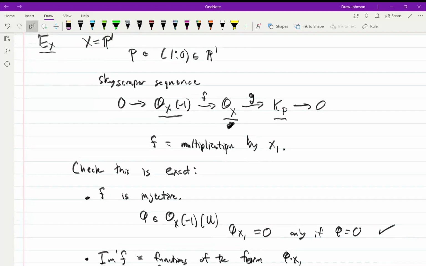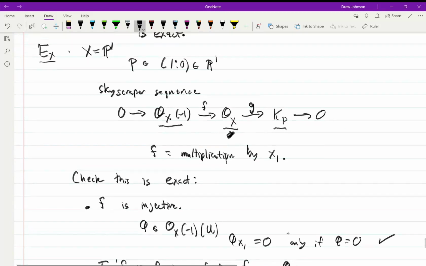Now, I think in the next chapter, when we talk about quasi-coherent sheaves, we'll find even nicer ways to think about sequences like these to convert them into commutative algebra that we're used to. But for now, I think this is good practice.